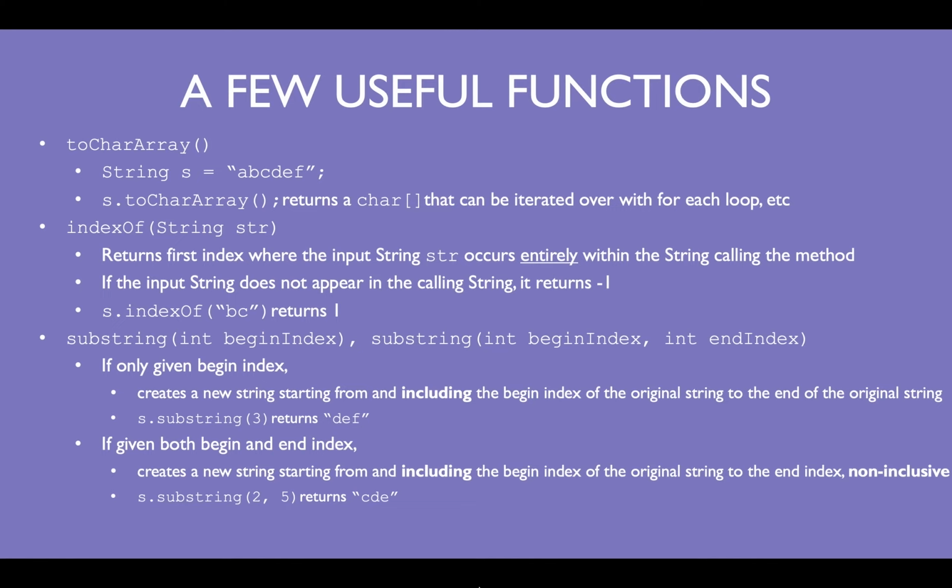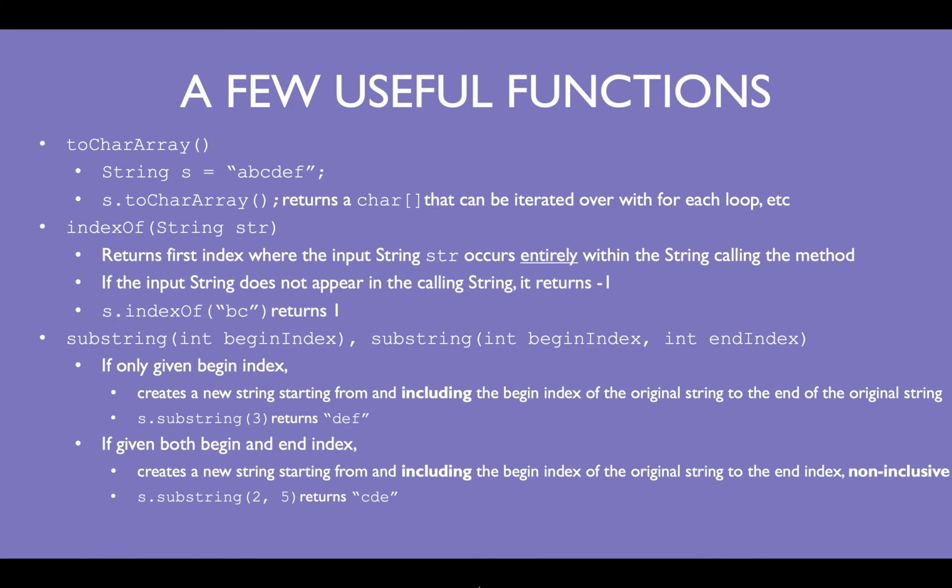So the first way of doing this is using just the begin index. This creates a new string starting from and including the begin index of the original string to the end of the original string. So you can call this substring function to basically cut off everything up until, but not including, that index, and return everything after that index as a new string.